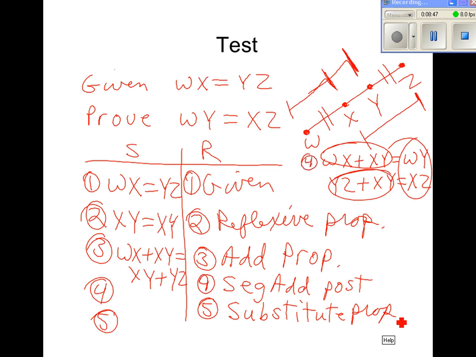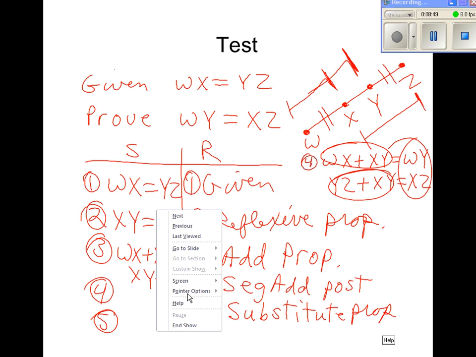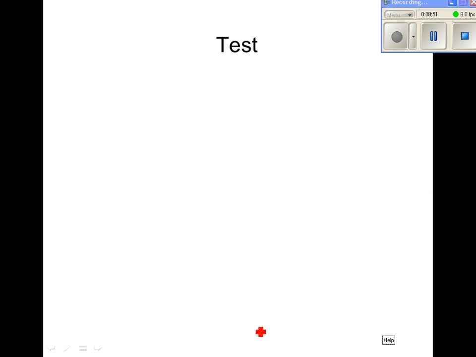Next question. All right, Brianna, number 9, read it to me. X is a real number, and we're trying to decide whether this is a true statement or not: negative X is less than 0.